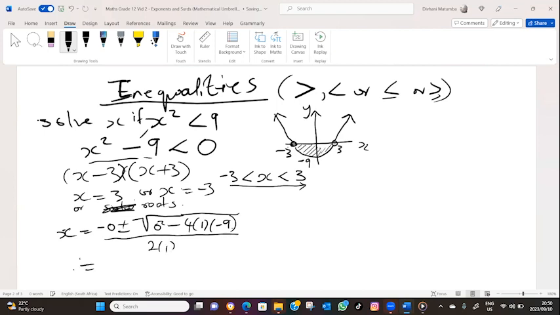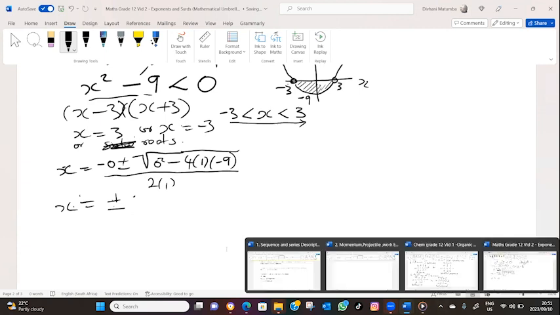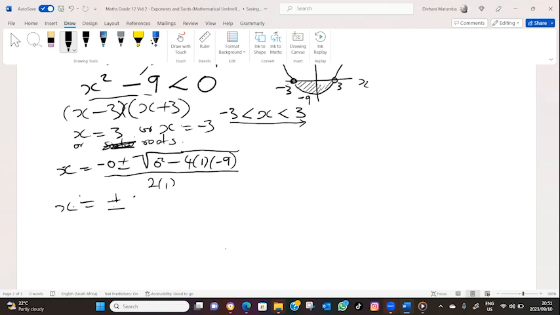So this is your x equals plus or minus the square root of 4 times 9, which is 36, over 2.